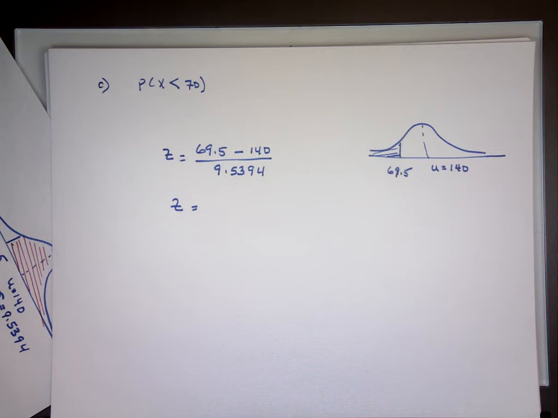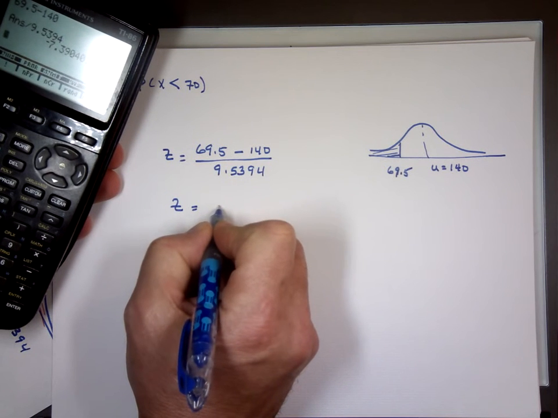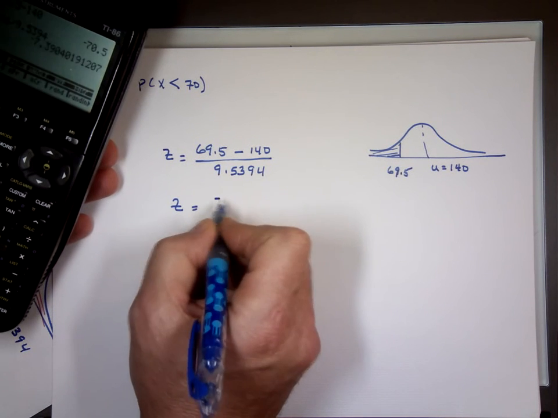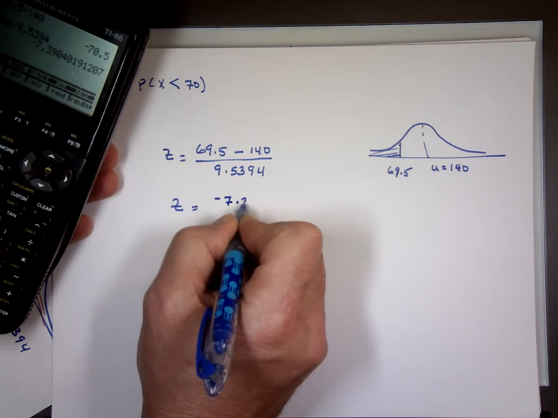69.5 minus 140 divided by 9.5394. That's negative 7.390. Wow.